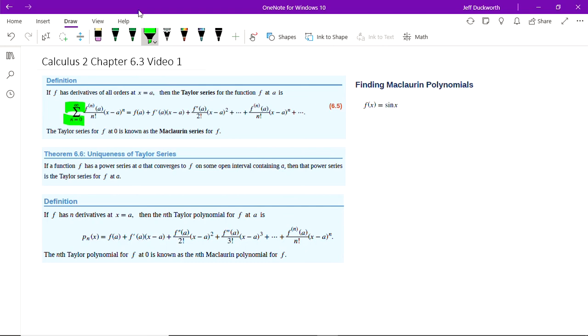So recall this f to the n of a. This means the nth derivative of f evaluated at a.